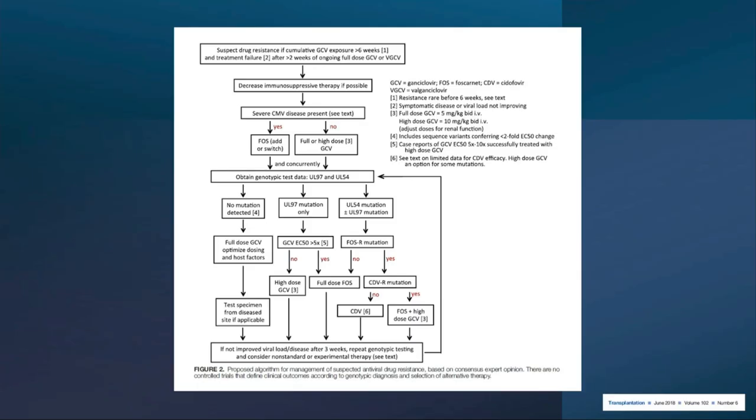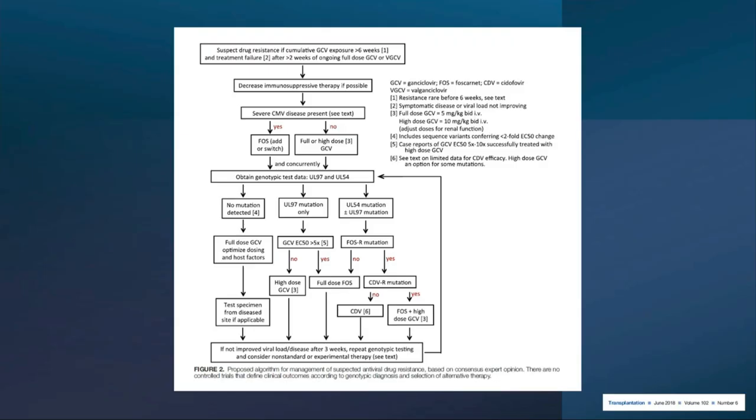If you have a patient at the 2-week mark that you determine is not responding to your standard therapy, for example, with IV ganciclovir, at that point it is recommended that you send for resistance testing and you change your drug. So generally, we change the drug from IV ganciclovir or valganciclovir to foscarnet and wait for resistance.